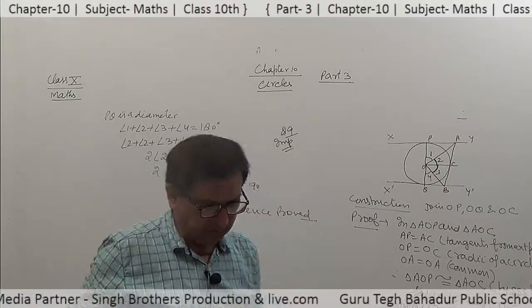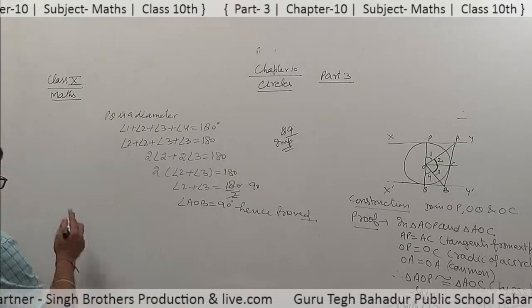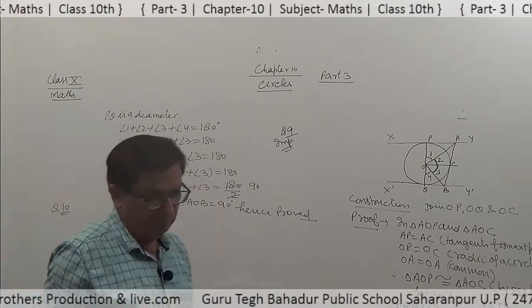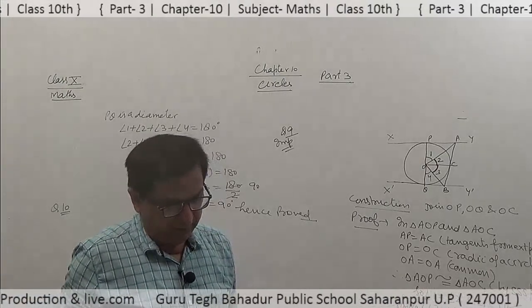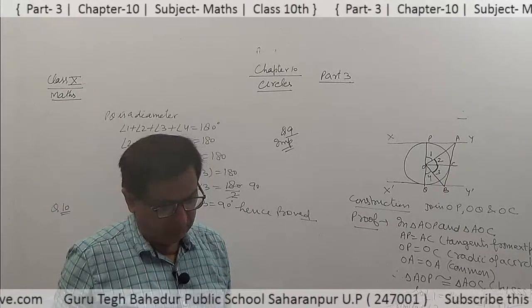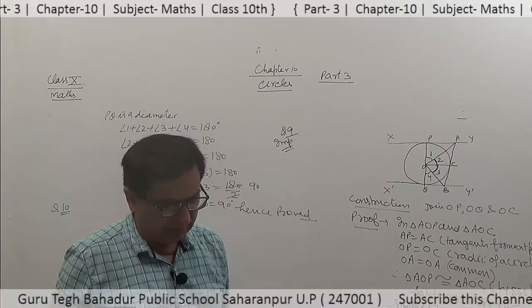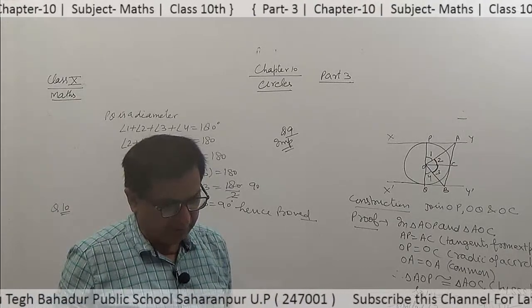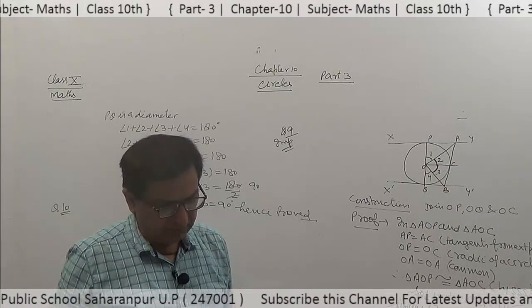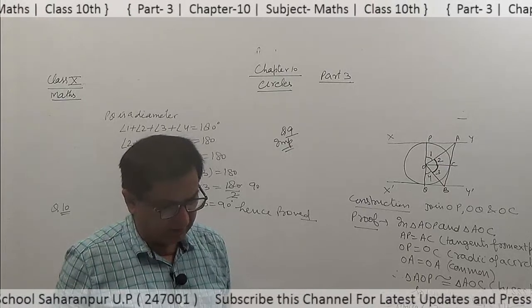See question number 10. Prove that the angle between the two tangents drawn from an external point of a circle is supplementary to the angle subtended by the line segment joining the points of contact at the center.